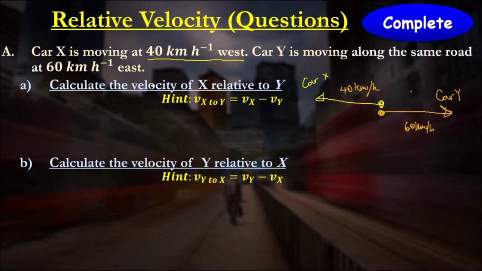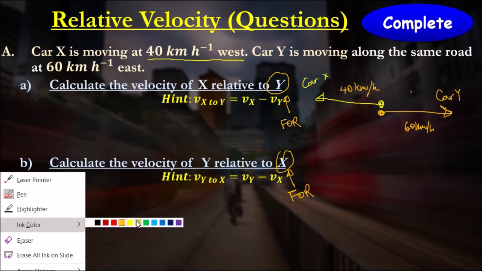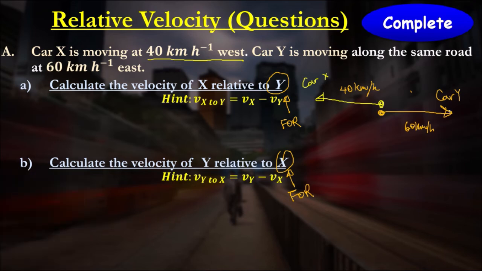It says calculate the velocity of X relative to Y. So we're looking at from Y's frame of reference. Here we're looking at X's frame of reference. So if I look at car Y's frame of reference, car X has moved 100 kilometers westward from it.